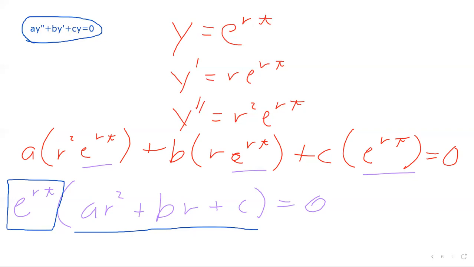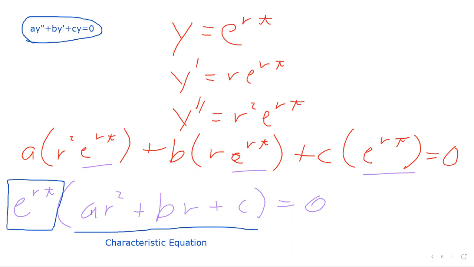And this thing in here, this a r squared plus b r plus c, is called our characteristic equation. So we're going to focus on that characteristic equation.